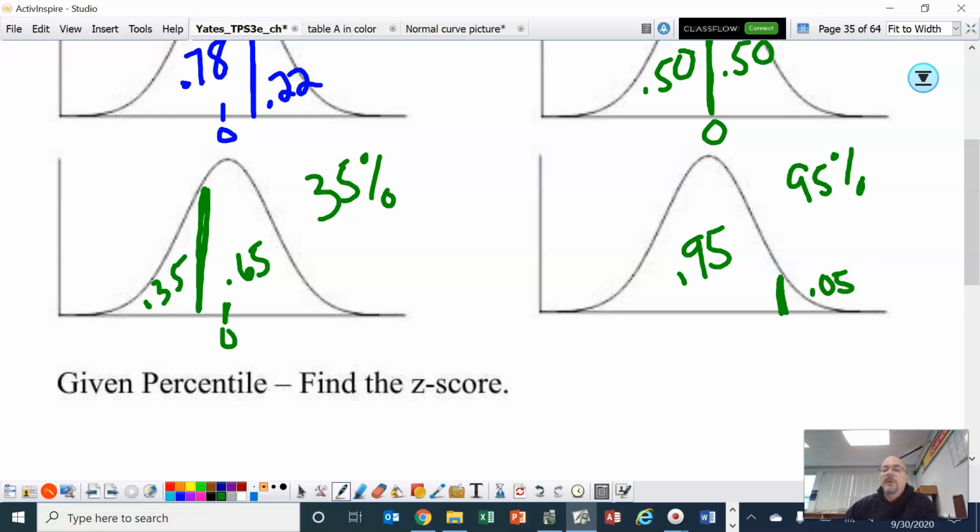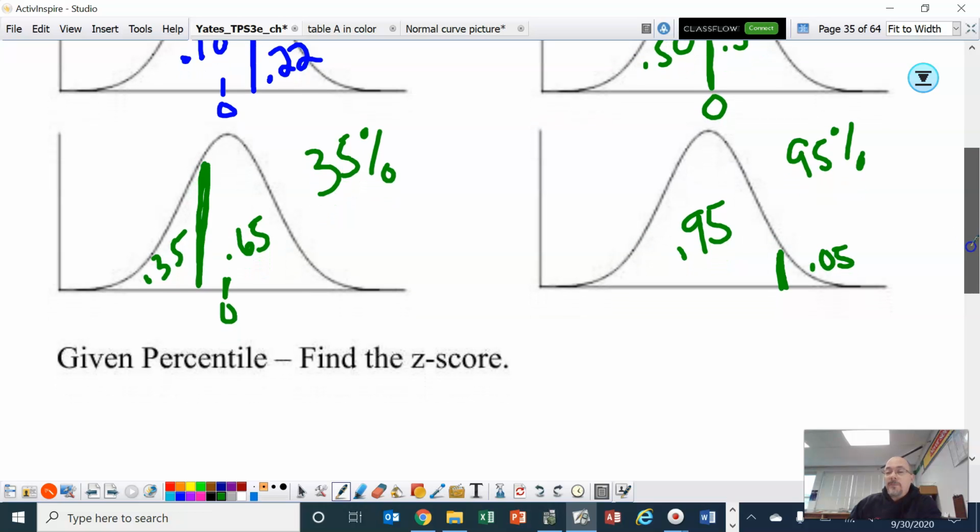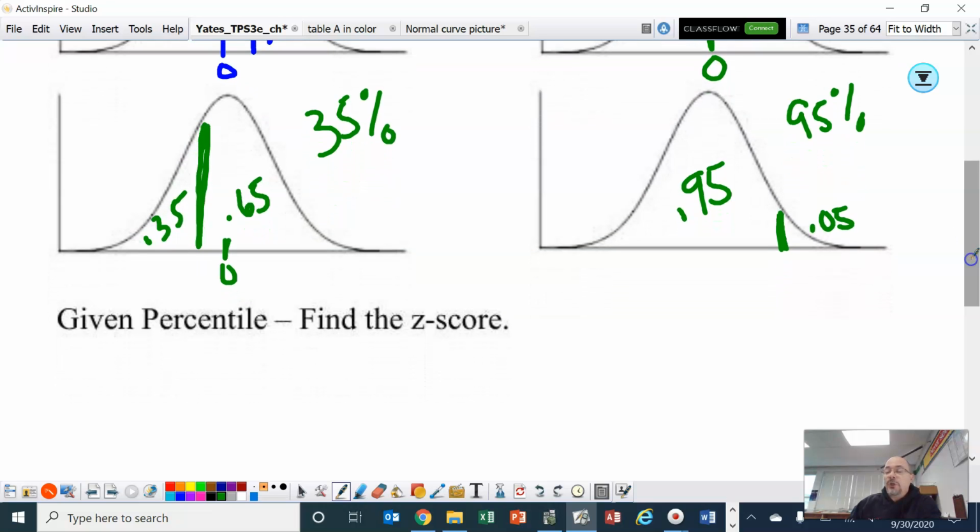Now, it's going to be our job in this section to be able to go backwards and use that information when we use our z-score. Remember, z equals x minus the mean divided by the standard deviation.